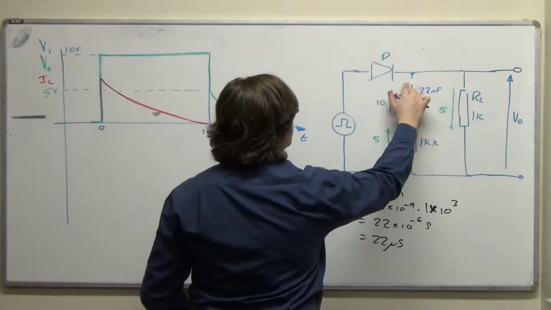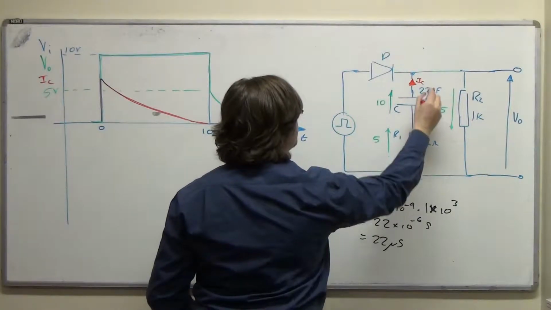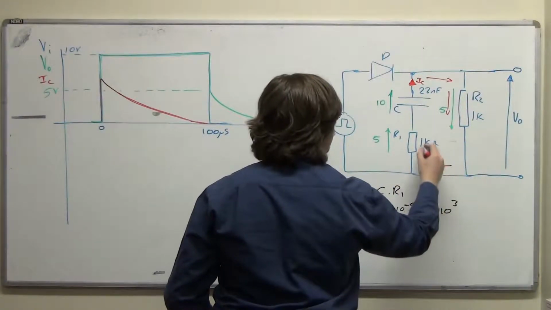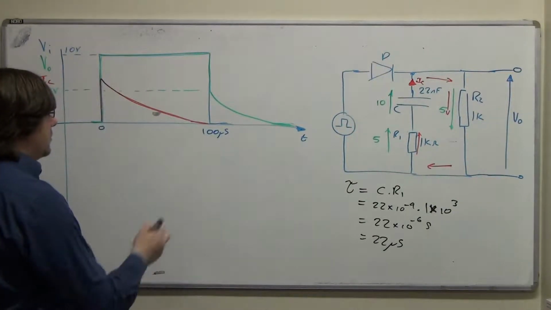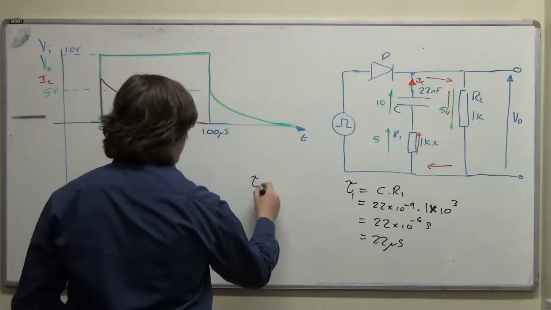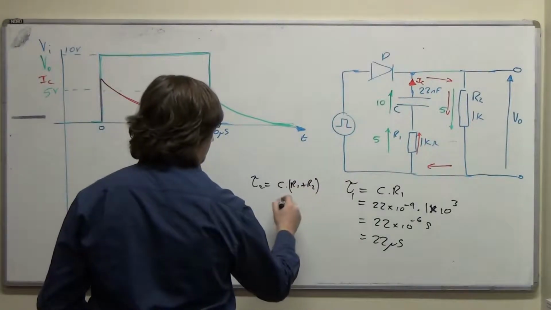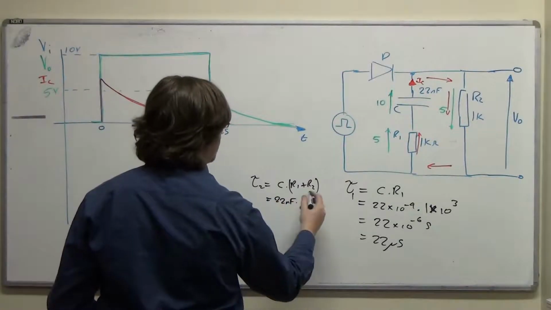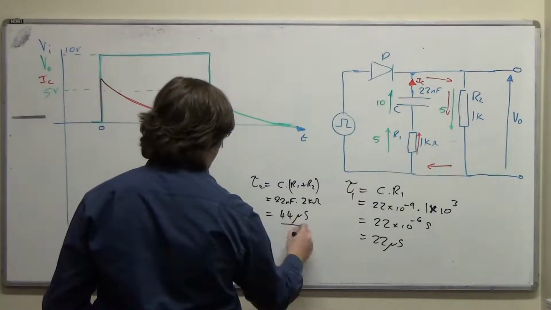Now that the capacitor is the energy storage medium, it's driving the circuit, the IC has changed direction, and as far as this loop current here is concerned, these 2 resistors appear in series, so the time constant for the discharging part of things will be, so I'll call that tau 1, tau 2 will be C times R1 plus R2, which is 22 nanofarads times, well, it's 2 kiloohms, so that's 44 microseconds.